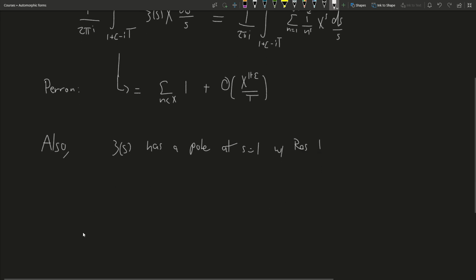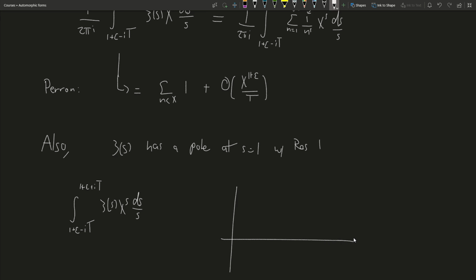And so if we want to look at this integral from 1 plus epsilon minus it to 1 plus epsilon plus it of zeta of s x to the s ds over s, we can consider this contour.